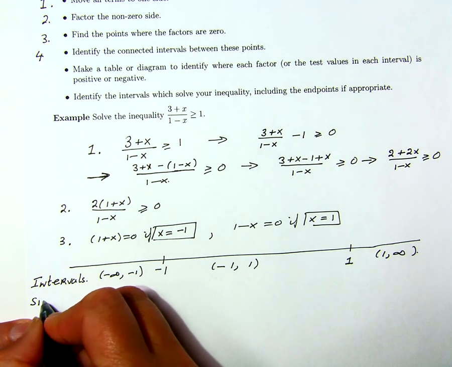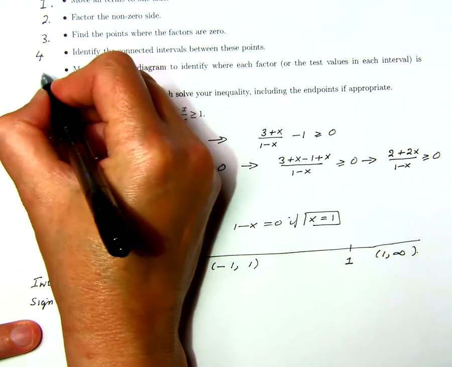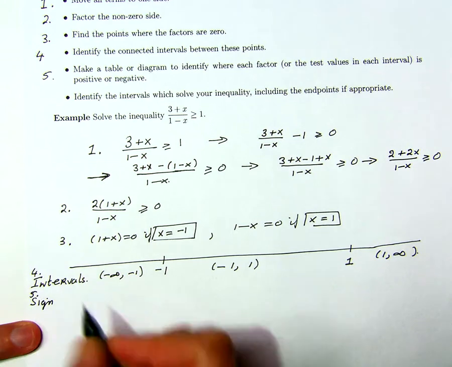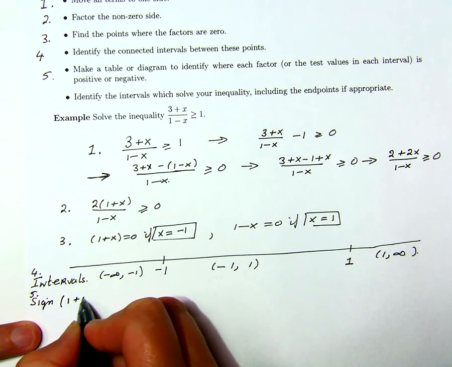Now I look at the sign of each of the factors. So I'm on step 5 now. This is step 4. Step 5, I need to find the sign of all of the factors.